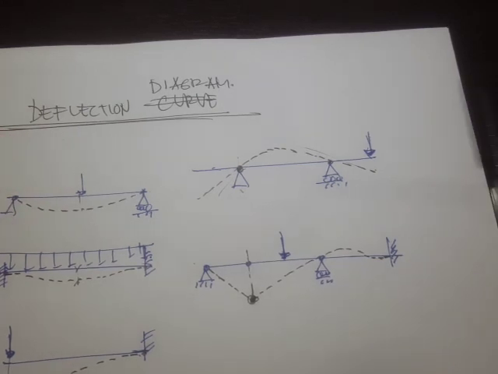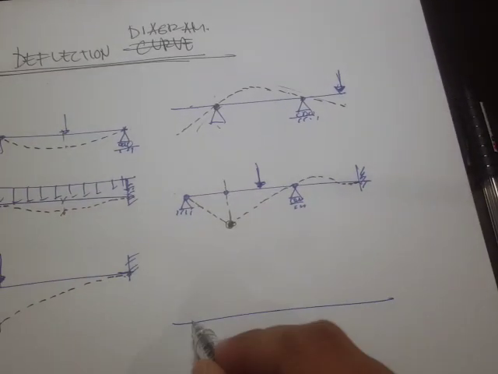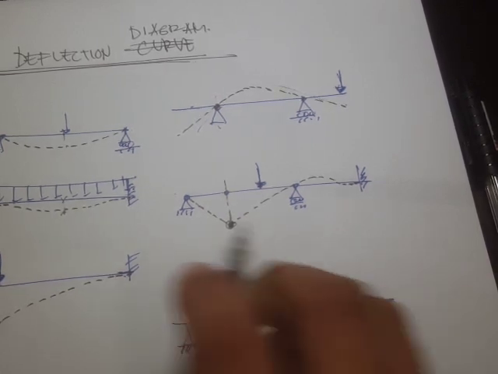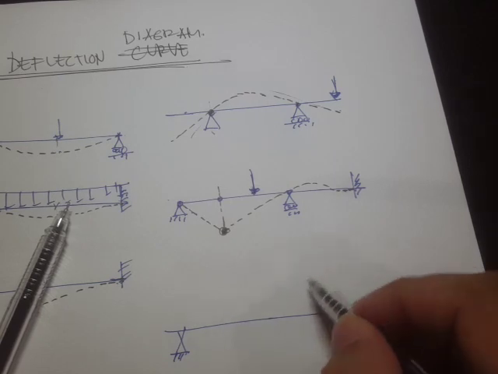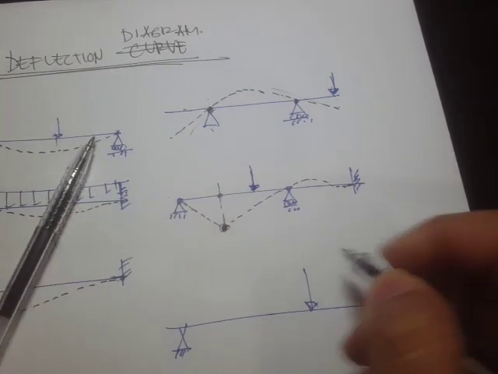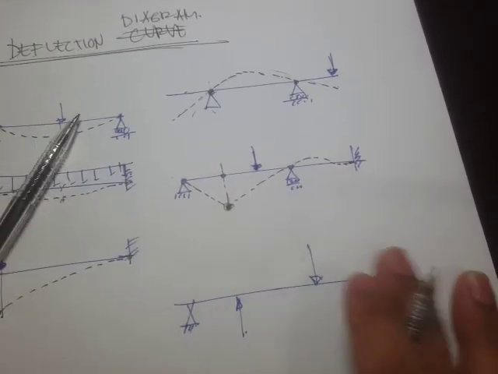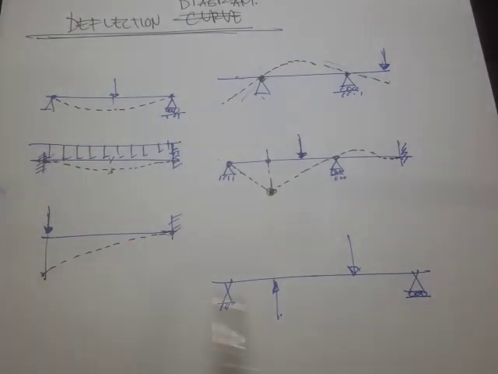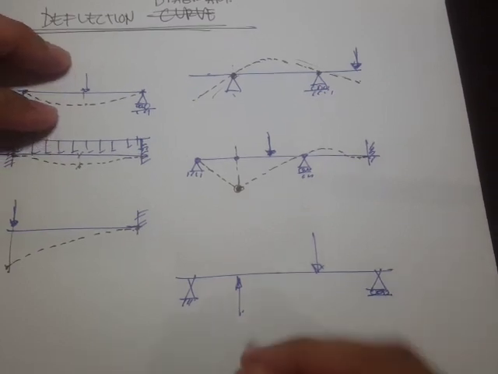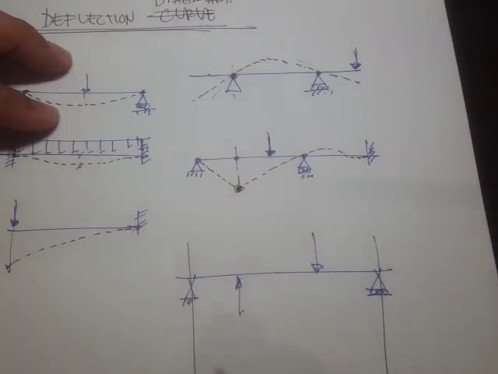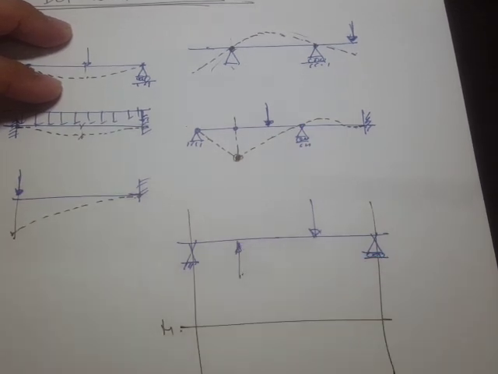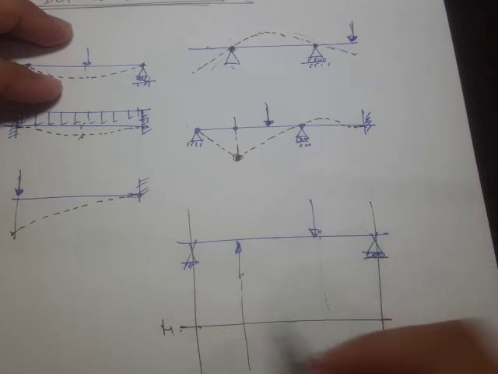And finally, if we have this beam loaded right here, and loaded at this point, sometimes if it's hard to draw the deflection diagram, it is helpful to draw the moment first. The moment diagram would look something like this.